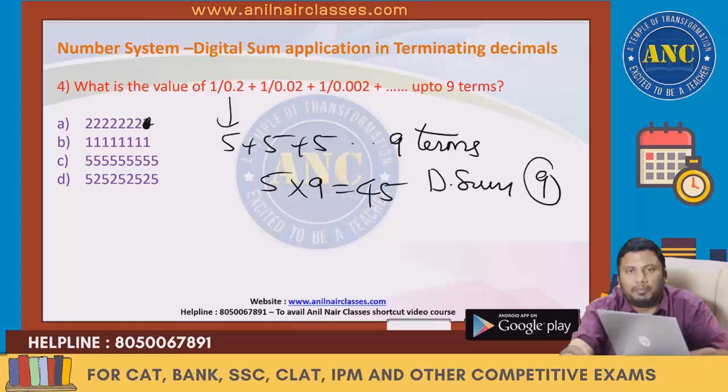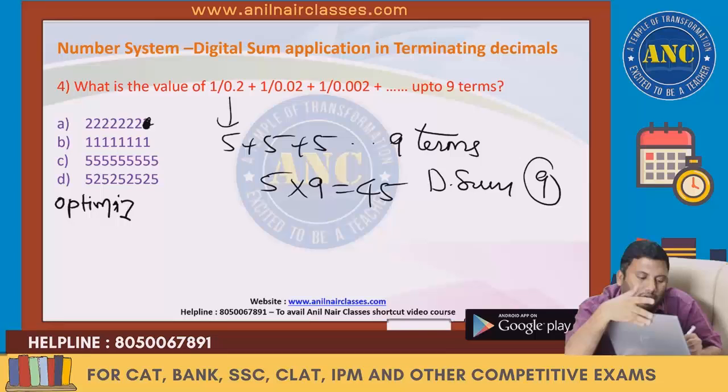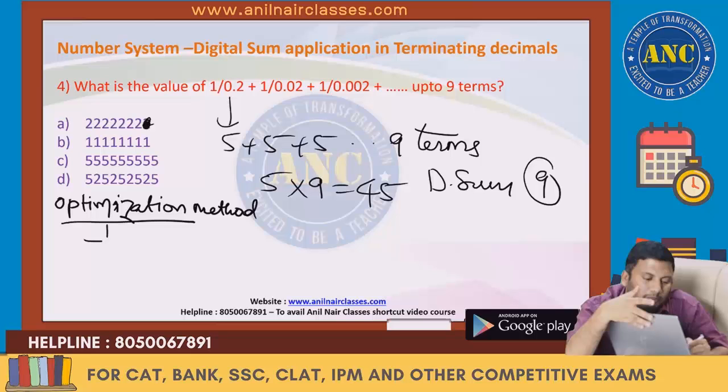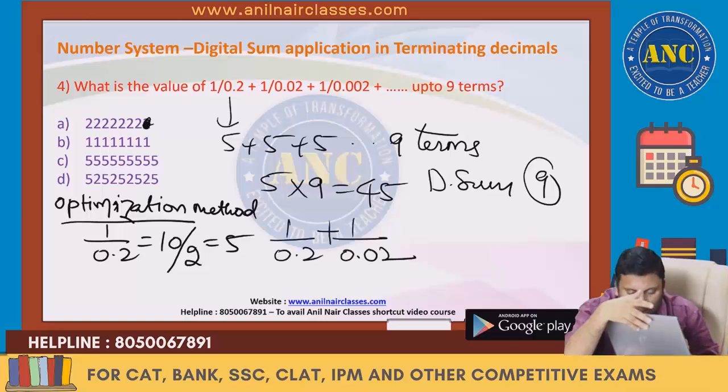If more than one answer option has the same digital sum, we have already discussed the optimization approach. Check with the first two values, there is a pattern that will come. 1 by 0.2 is nothing but 10 by 2, which is 5. 1 by 0.2 plus 1 by 0.02 is nothing but 5 plus 50, which is 55.